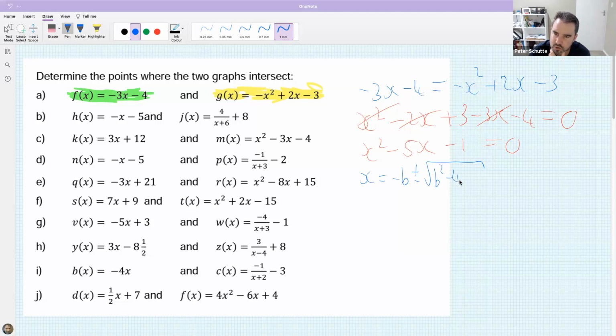If I use the quadratic formula, it's on my formula sheet, and I should get minus 5, and then plus minus the square root of this. B squared is going to be 2 squared minus 4 times a, which is minus 1, times minus 3, over 2 times minus 1.